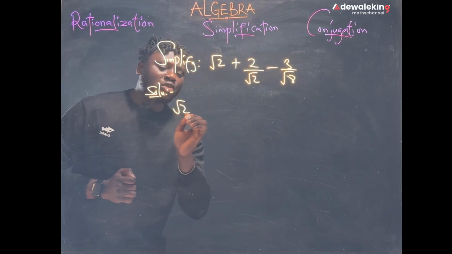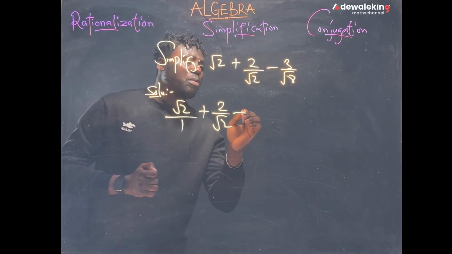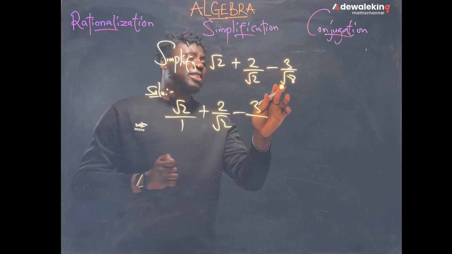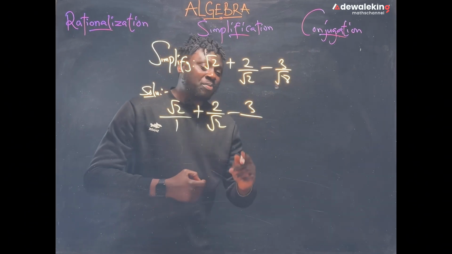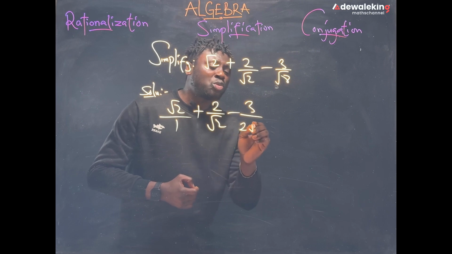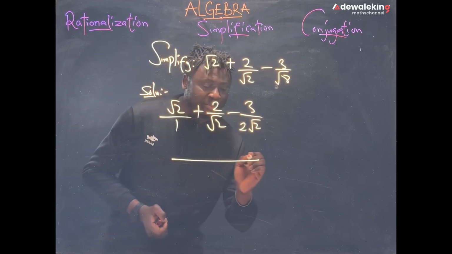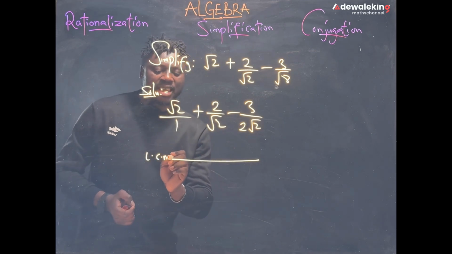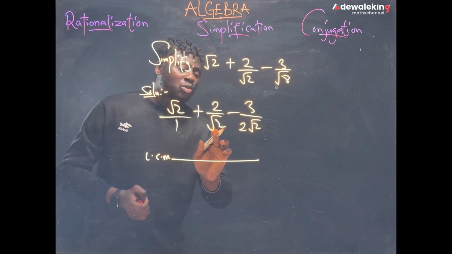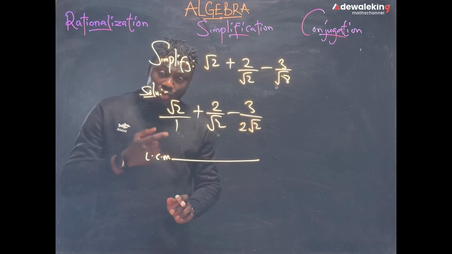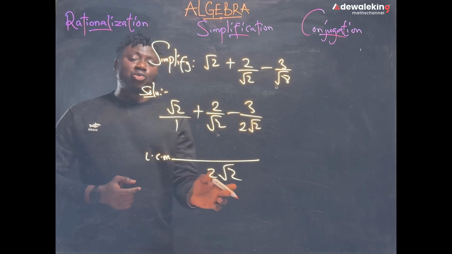This will be root 2 over 1 plus 2 over root 2 minus 3 over, then this root 8 is a complex surd. We are going to simplify it further by saying this will be 2 root 2. So we'll take the LCM. The LCM of 1, root 2 and 2 root 2 will be 2 root 2. So the LCM is 2 root 2.